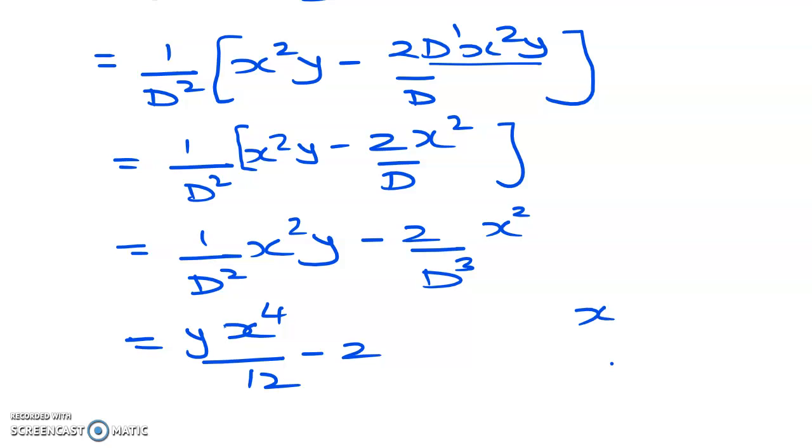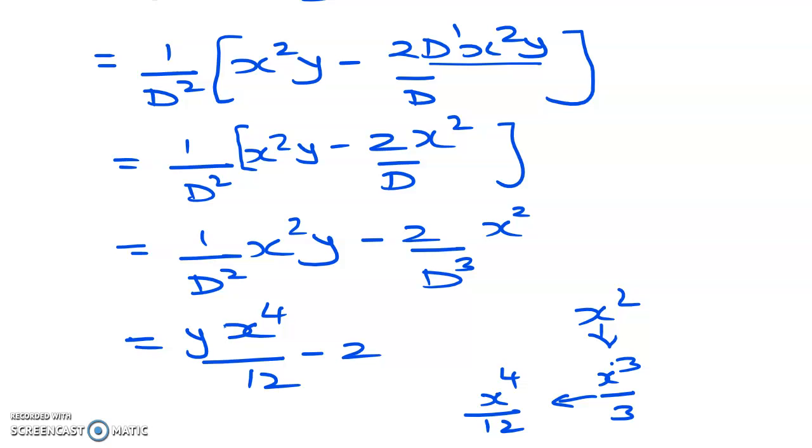See here, for x squared I am having 1 by D cubed. It tells that the first integration is x power 3 by 3. Again when you integrate, it is x power 4 by 12.